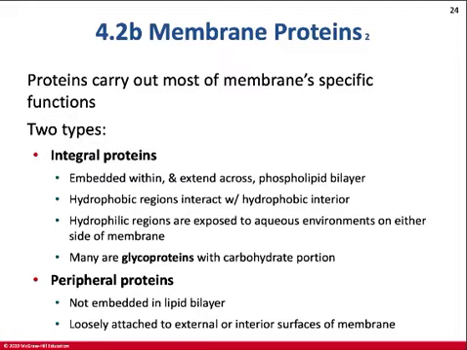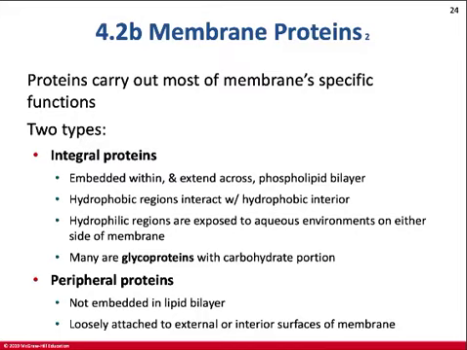Note that for either peripheral or integral proteins, the amino acid residues are going to reflect the location of that portion of the protein, right? If it's an integral protein, the amino acid residues that are in contact with the hydrophobic tails of the phospholipid are going to be of the nonpolar variety, okay?